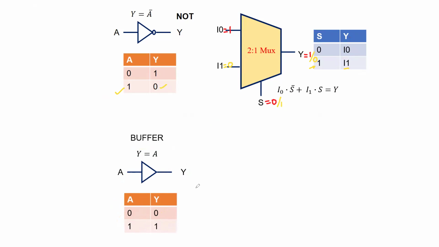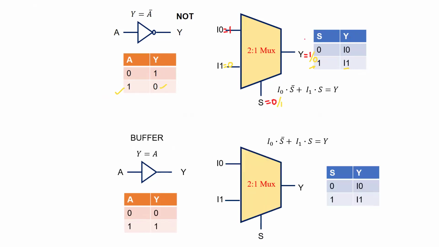Now the task is to implement this logic of a buffer using again the same 2:1 MUX. So here again comes the logic diagram of the 2:1 MUX, which is similar to this structure. However, we have to implement the function of the 2:1 MUX in such a way that it behaves as a buffer.